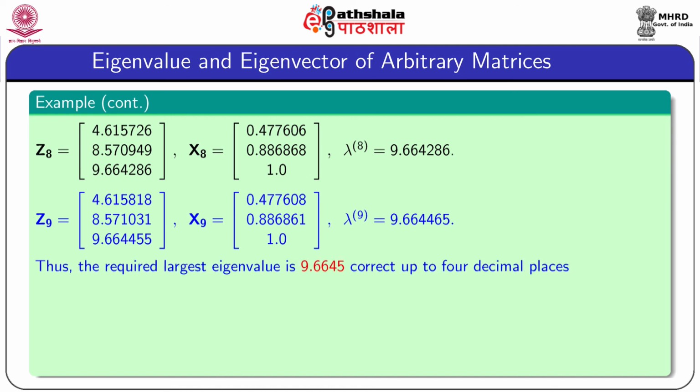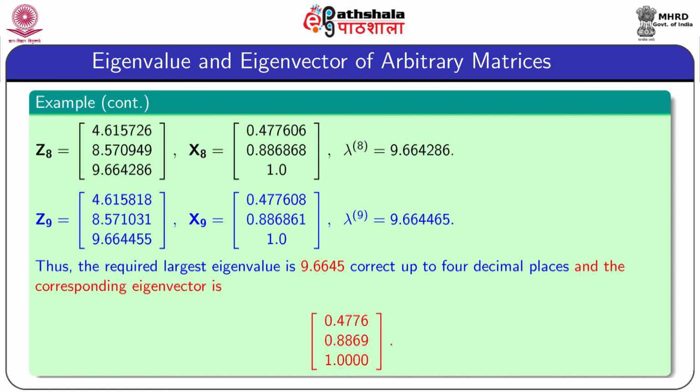Thus the required largest eigenvalue is 9.6645, correct up to 4 decimal places, and the corresponding eigenvector is the vector x9, which is equal to 0.4776, second element 0.8869 and third element 1. So this vector is also correct up to 4 decimal places.